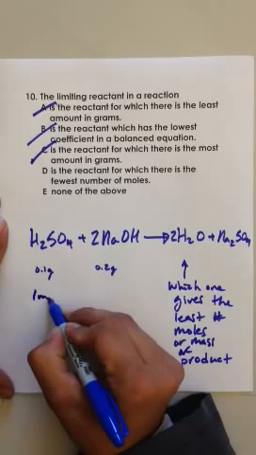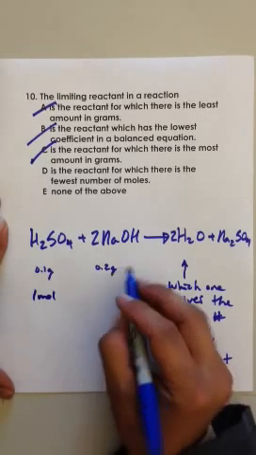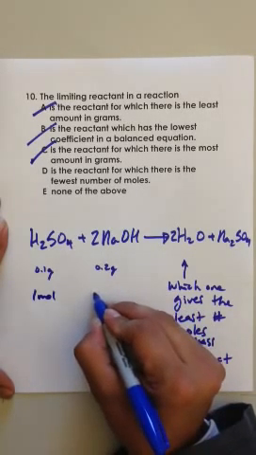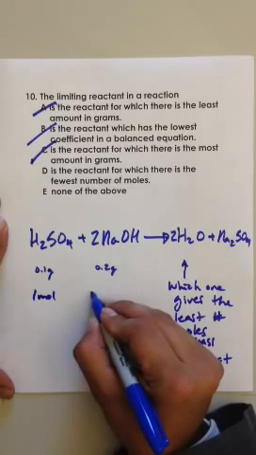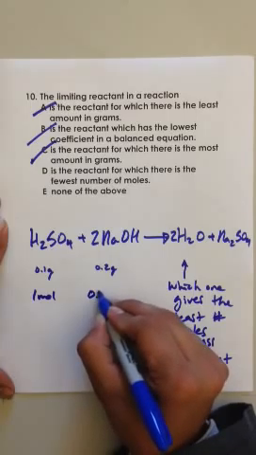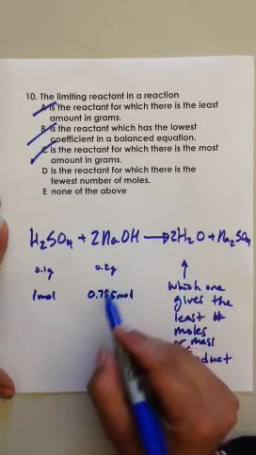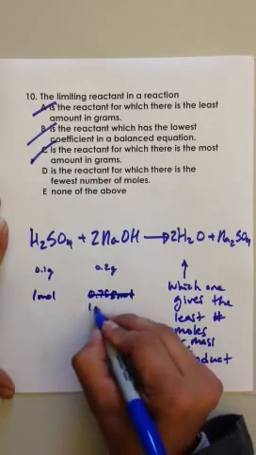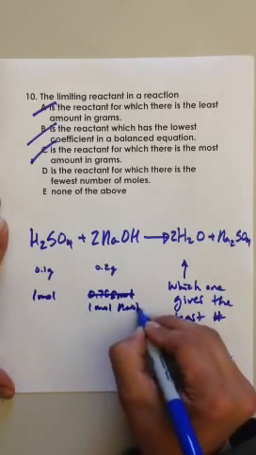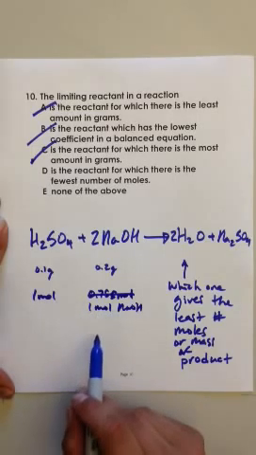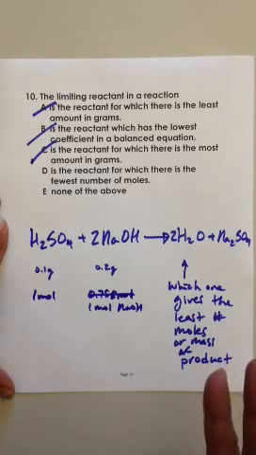What if I have 1 mole of this, and let's call this 0.75 moles of NaOH. Actually, let's do this: 1 mole of NaOH. Okay? So look, they have the same number of moles, right? So you think, oh, well, there's no limiting reactant.